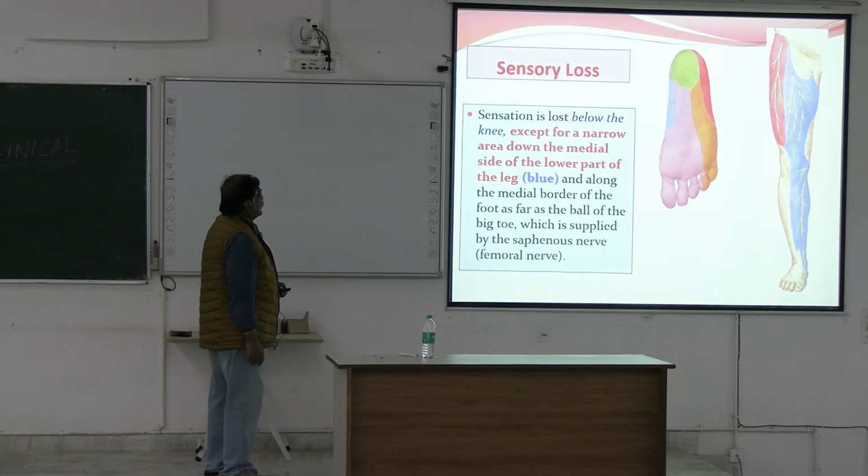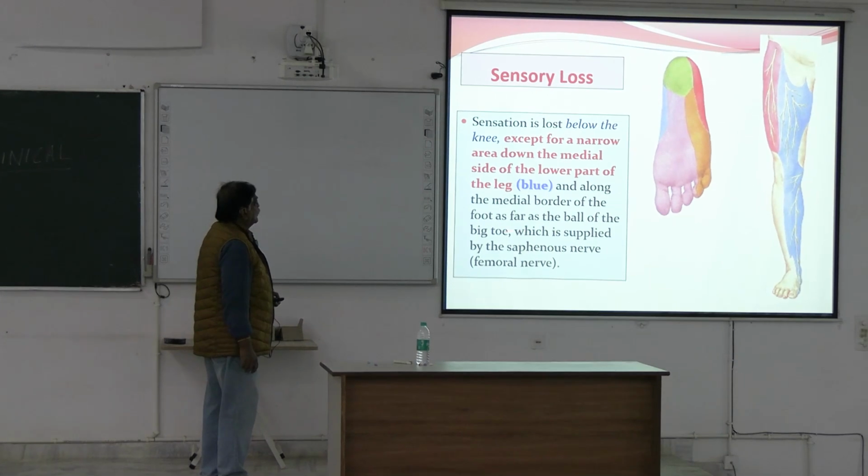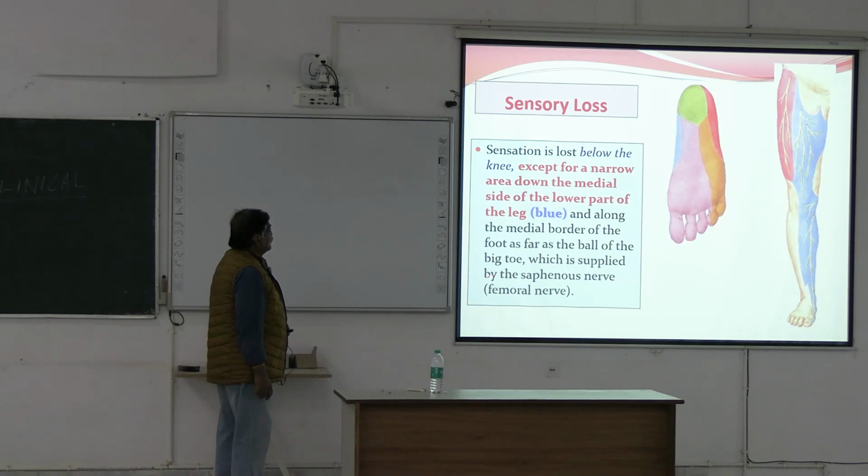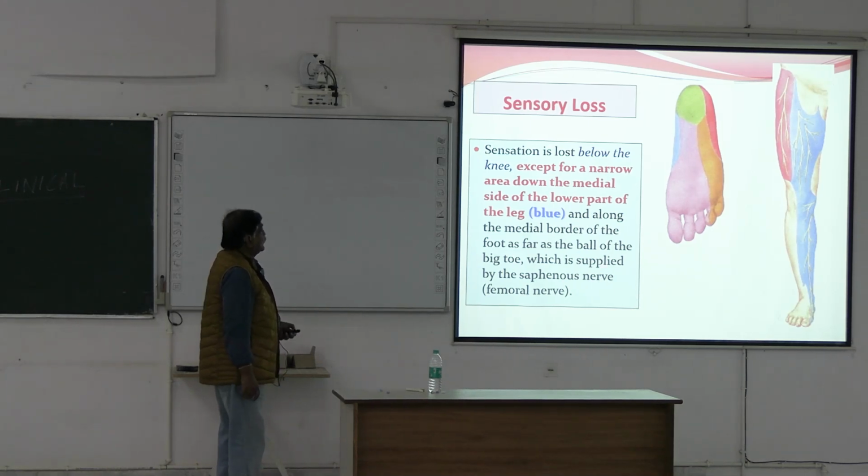And along the medial border of the foot as far as the ball of the big toe, which is supplied by the saphenous nerve. So the sensory loss is everywhere except this portion, which is supplied by the femoral nerve or saphenous nerve. See this portion.